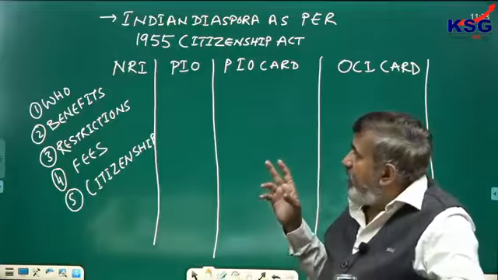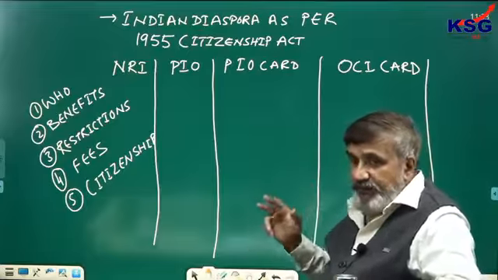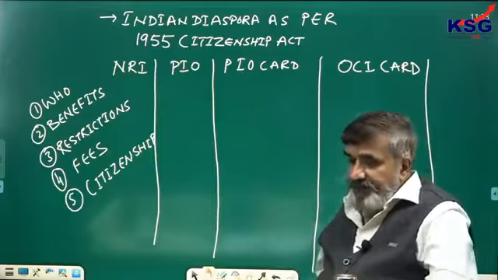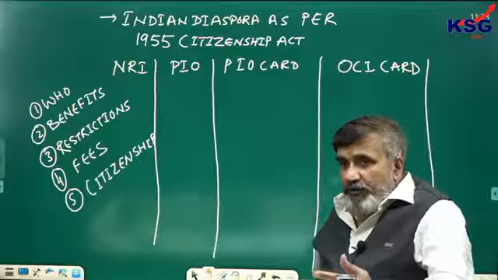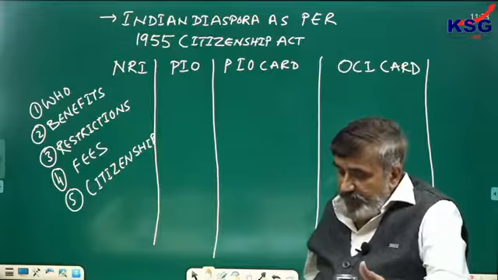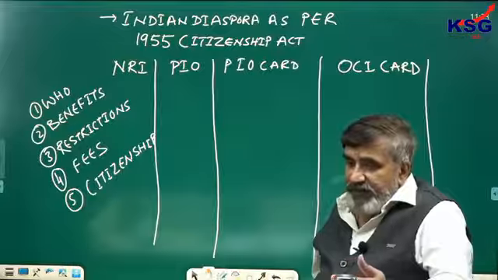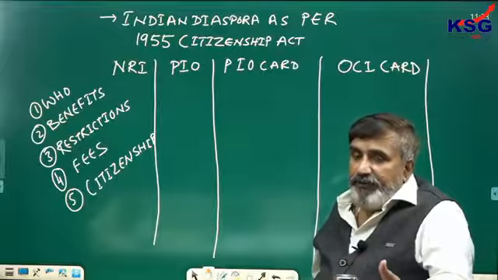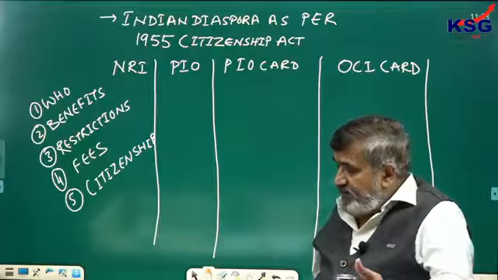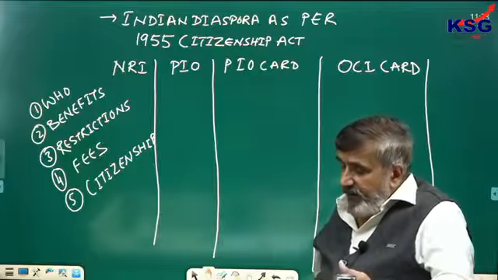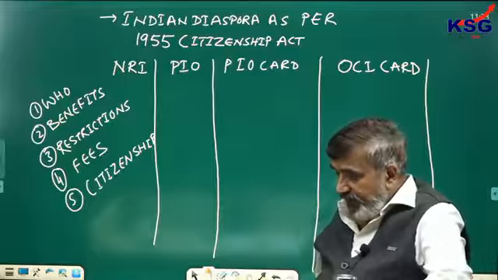And why did the government bring these two cards? So that we have to understand. Now we have already talked about the High Level Committee on Indian diaspora, and hopefully you remember that they were interested in tasks like how to define diaspora in Indian diaspora, and the other task was how to bring Indian diaspora closer to India.